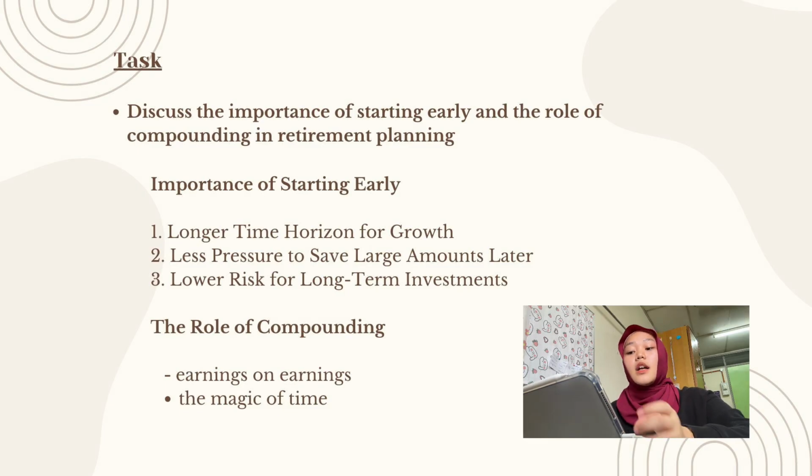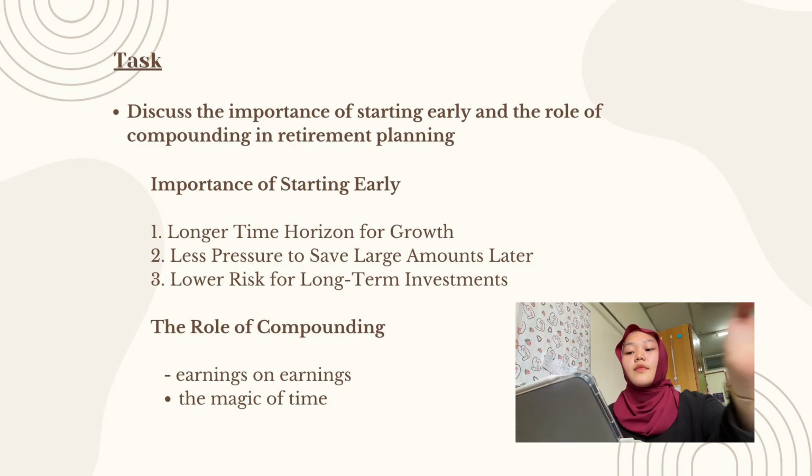The first one is earnings on earnings. When you earn interest or dividends on your investment, that money gets reinvested. Over time, not only does your principal grow, but the interest or dividends you earn are also generating more returns. This process snowballs, leading to exponential growth. The last one is the magic of time. The longer your money is invested, the more pronounced compounding becomes.